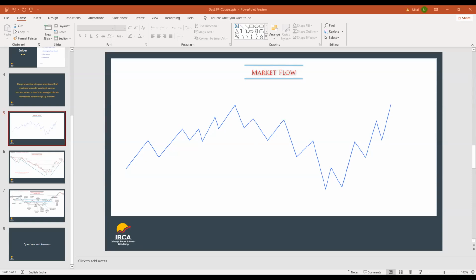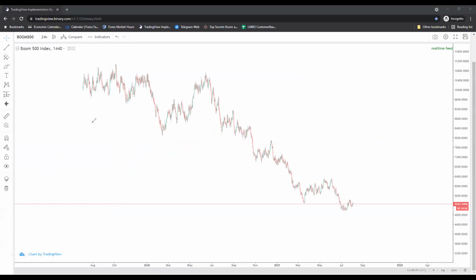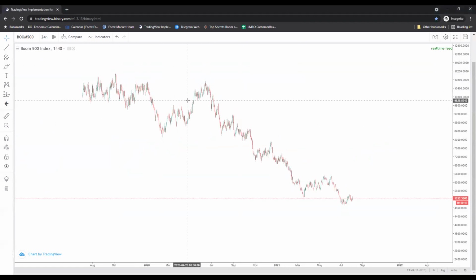Okay. So this is your TradingView application, web-based application. Now what you need to do is, this is a 24 hours chart. You can see it, right? Yes. Okay. What you will do is, instead of candles, you will go to the line chart.